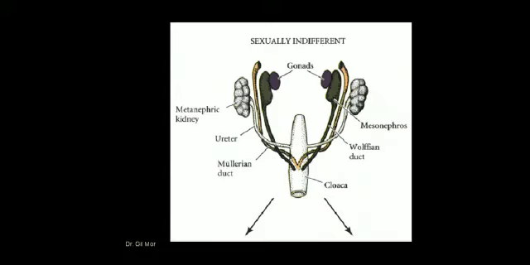So in the genetic male fetus, the testosterone which is secreted by the Leydig cells stimulates the Wolffian ducts to form the epididymis, vas deferens and seminal vesicles.